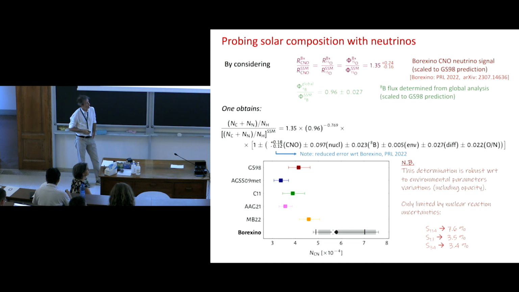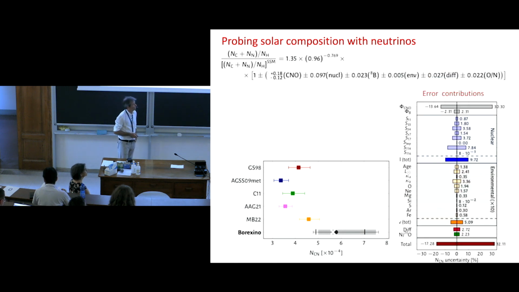And here we compare the results obtained by applying this method with what is obtained in the different compilations. So we see that CNO data give an indication in favor of the IZ composition, even if the uncertainty in this determination, I think, is still too large to exclude any of the possibilities.